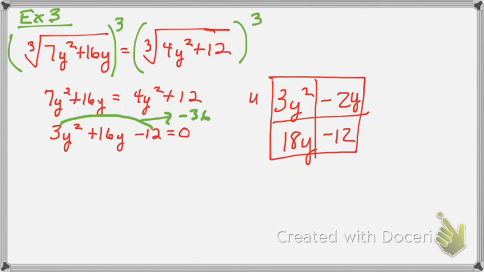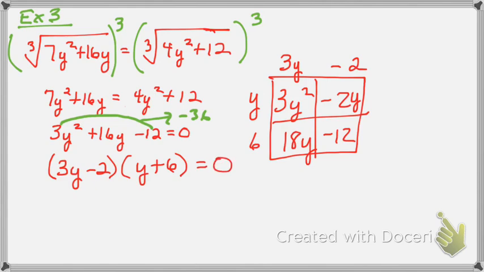A y. What times y will give you 3y squared? What times y will give you negative 2y? And what times 3y will give me positive 18? 6. Okay, so this thing will factor down to 3y minus 2 and y plus 6.